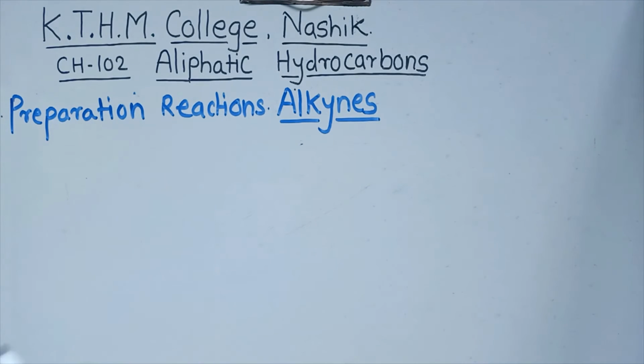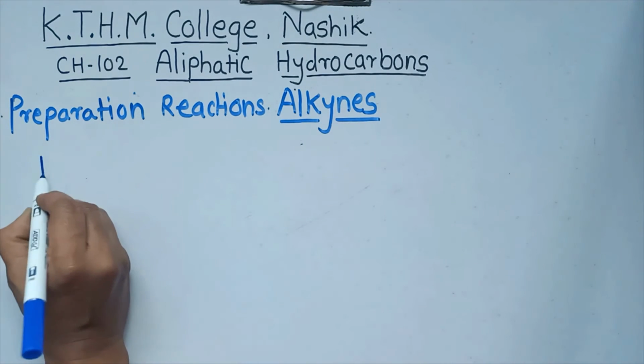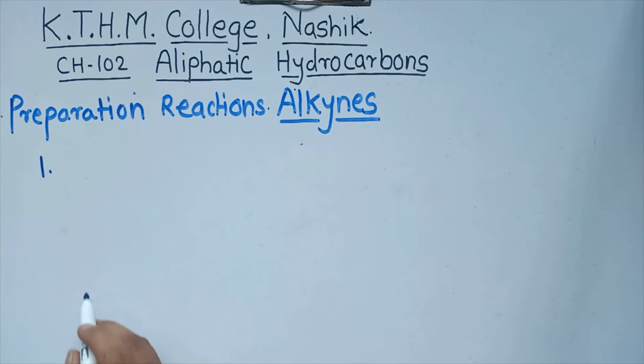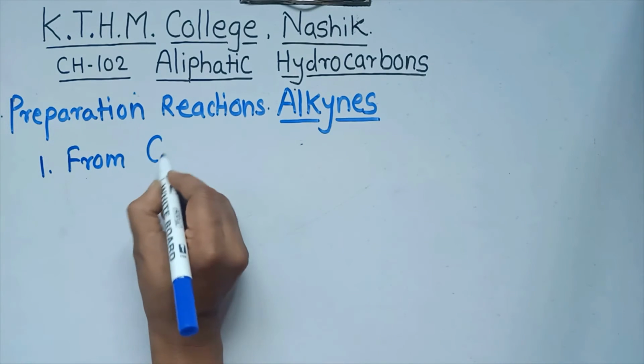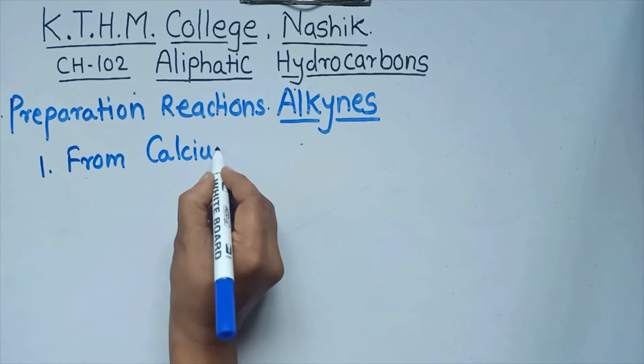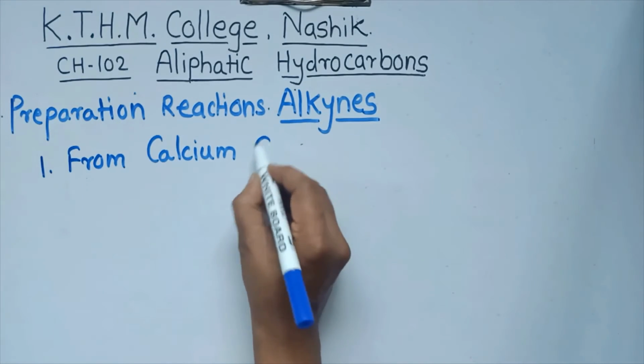We know that acetylene is the first member and the most important member of this family, right? Hence, for the preparation of acetylene, there are two main sources used to produce it.